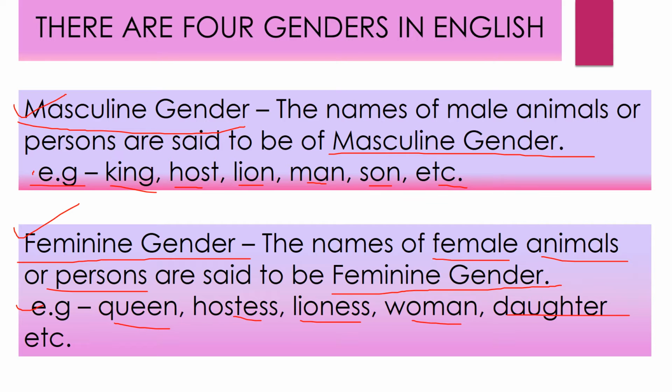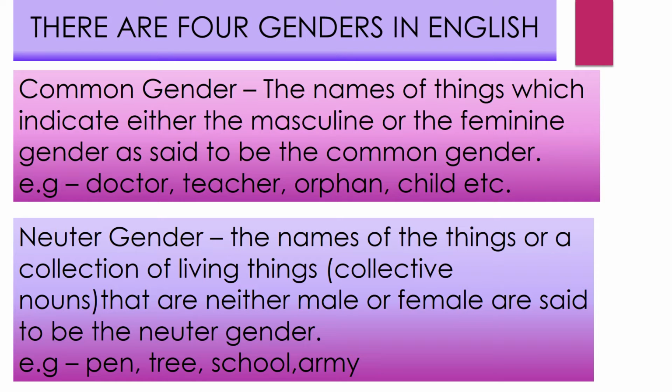Now, the next type of gender that we have is common gender. Now, what is common gender? The names of things which indicate either the masculine or the feminine gender are said to be the common gender.